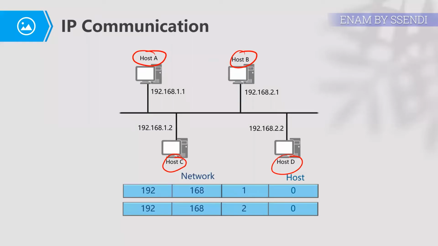If host A wants to send a packet, to send information to computer B, and we only have a switch, a layer 2 switch, in between here, do you think host A will successfully send its packet to host B? No. All right, Diana, thank you.